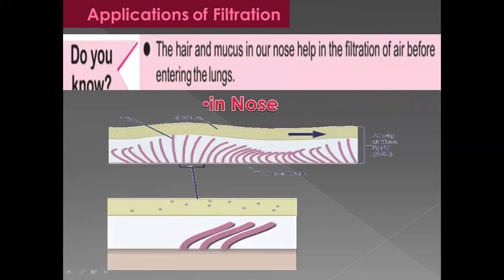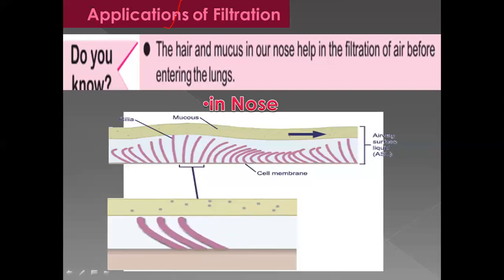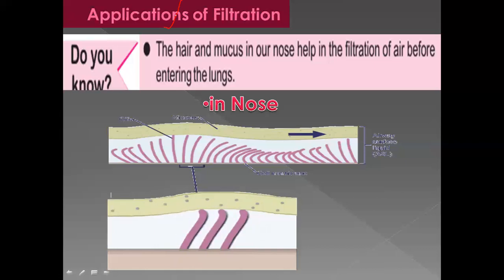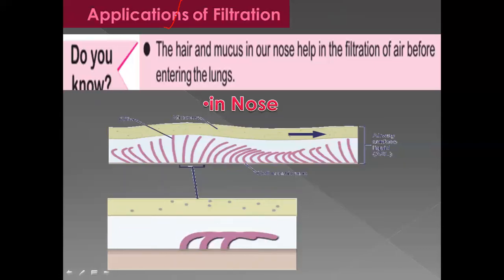So where can we find filtration, not in daily life but in our body? There are lots of filtration processes present. First of all, very common, we can see the hair in the nose.